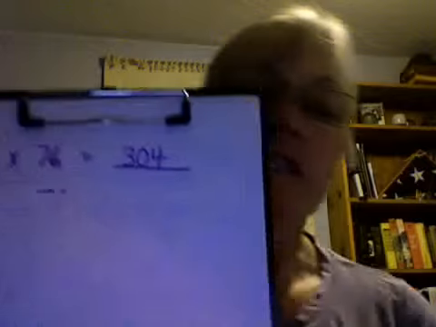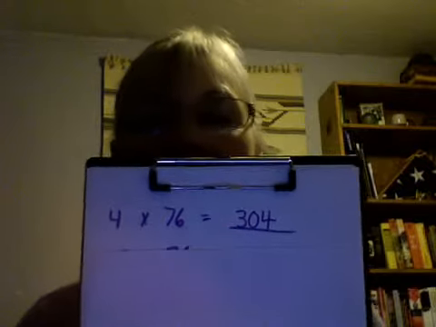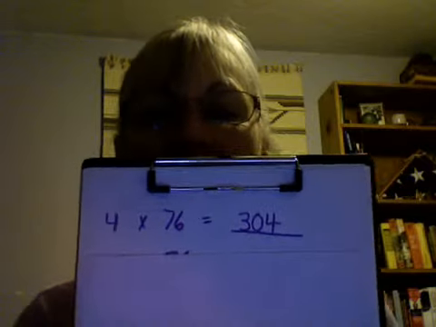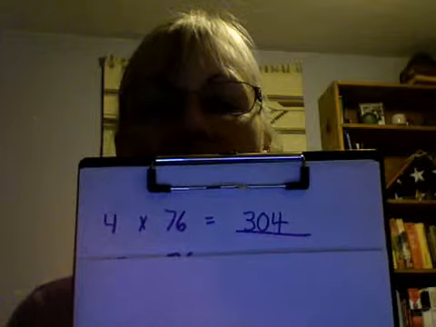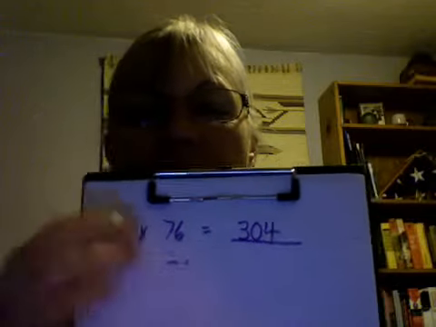That's why we're warming up a little bit with our multiplications. Here's the next one, moving into some more complicated multiplication. I've calculated that 4 times 76 is 304.